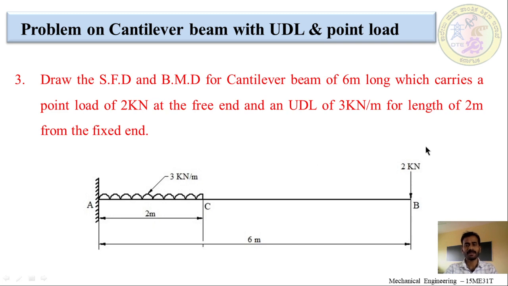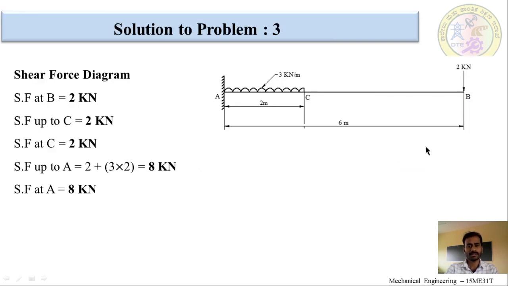Now, moving on to the solution to problem number 3. You have to draw the sketch again in the solution and solve for the shear force values. To draw the shear force diagram, we need shear force at different points.